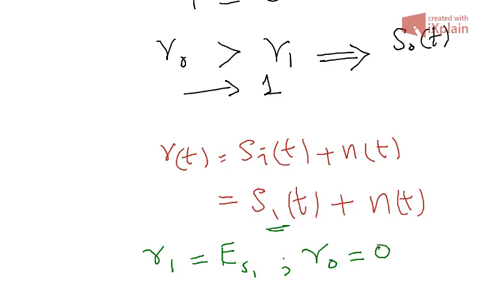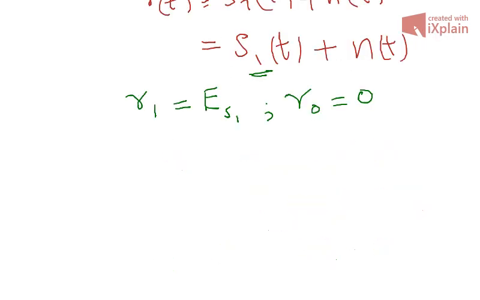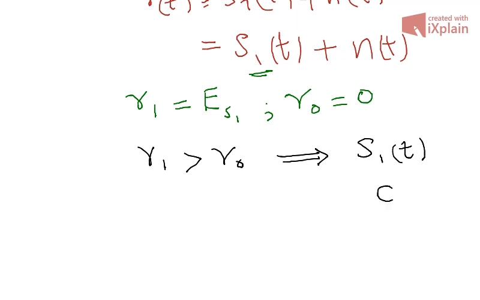In the absence of noise, it is clear from these outputs that R1 is greater than R0, and the detector would decide in favor of S1 of t, and it would output a binary 0. So this way the detector detects the signal.